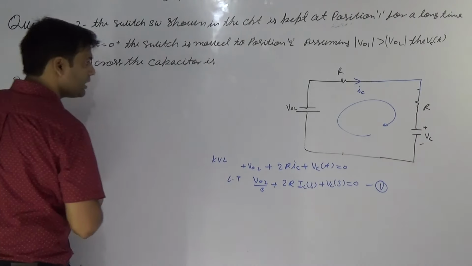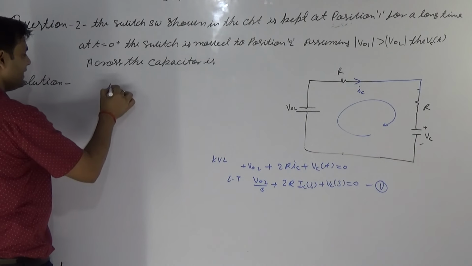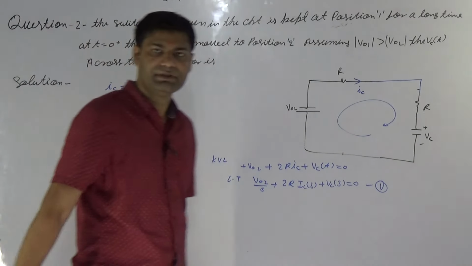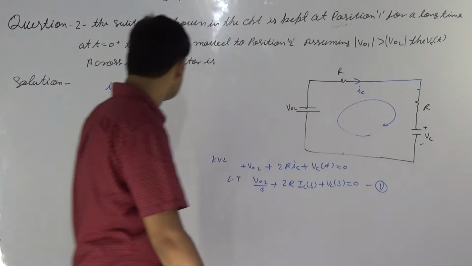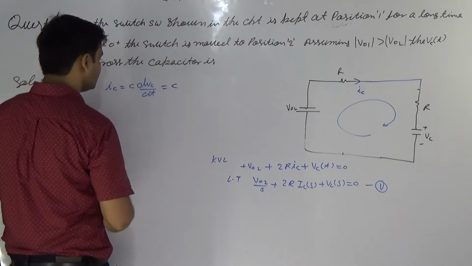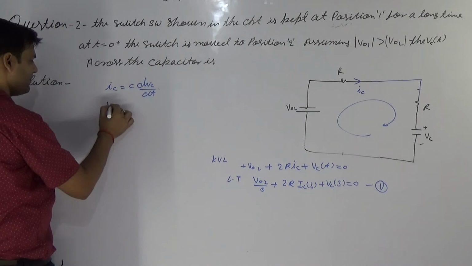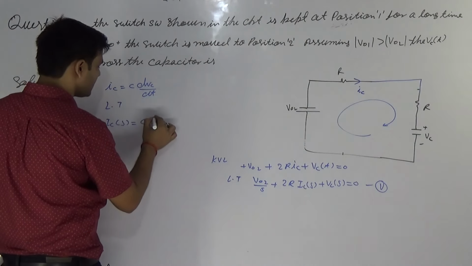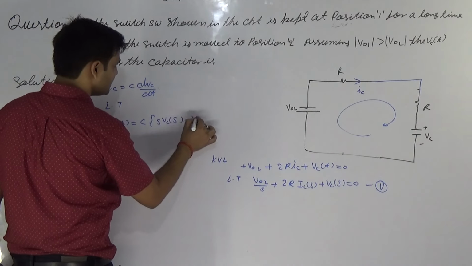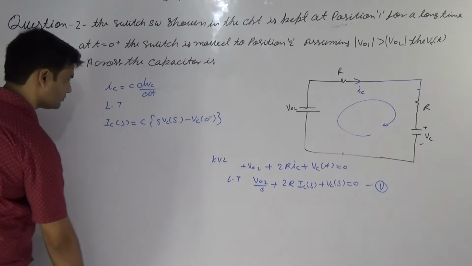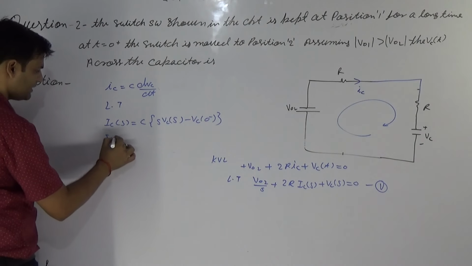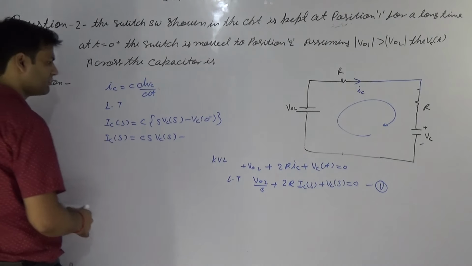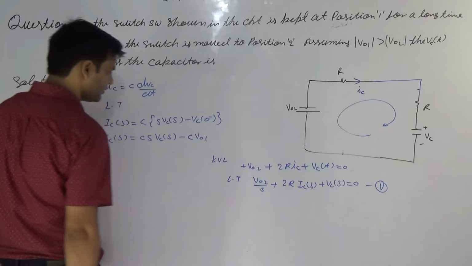Now IC will equal C dVC by dt. Taking the Laplace transform, IC(S) will equal C times S into VC(S) minus VC(0). So IC(S) equals CS VC(S) minus C VC(0), with VC(0) equal to V01.